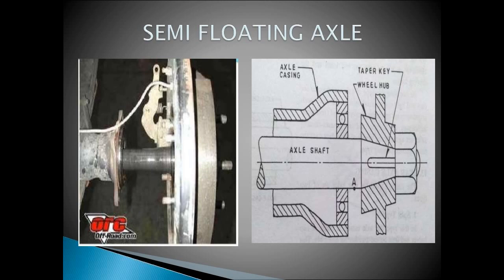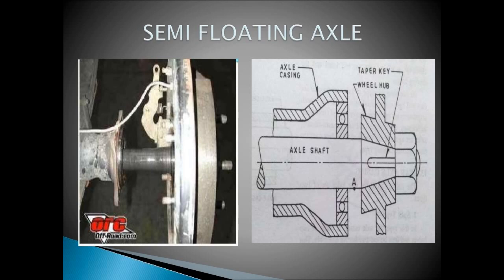The inner end of the axle shaft is supported only by the differential side gears, and the differential casing carries the inner bearing between it and the axle housing that supports it. The inner end of the axle shaft is thus relieved of the job of supporting the vehicle weight by the axle casing.